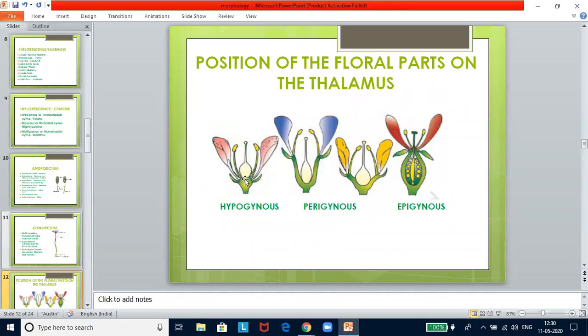So if the other floral appendages, calyx, corolla, and androecium, are arising below the ovary, then you call it hypogynous, and the position of the ovary is said to be superior. Perigynous means at the rim. As a result, some parts may arise above, some below, and the ovary is half inferior and half superior. That is why these two conditions are perigynous conditions, and this is epigynous.